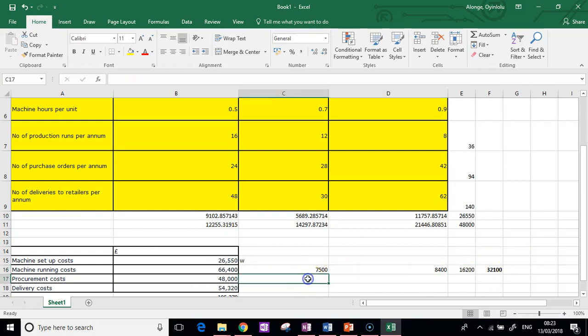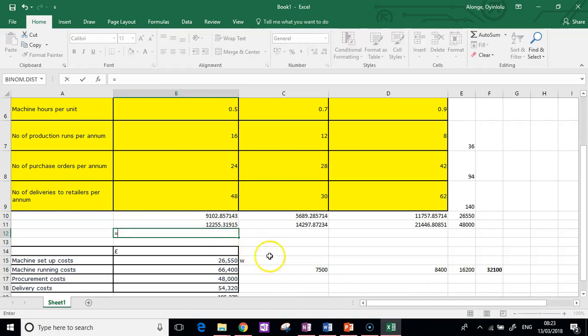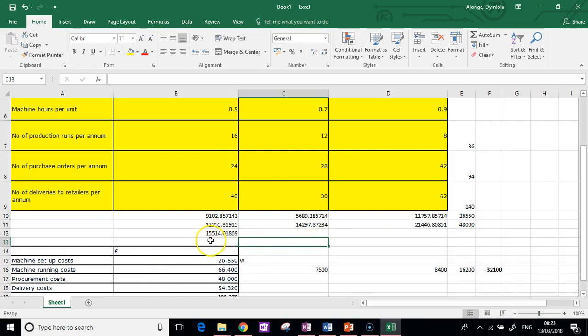So for the first one, for widgets, it's this 7,500, of course, divided by this, which is the total, and I'm going to multiply that by the total machine running cost, 66,400.